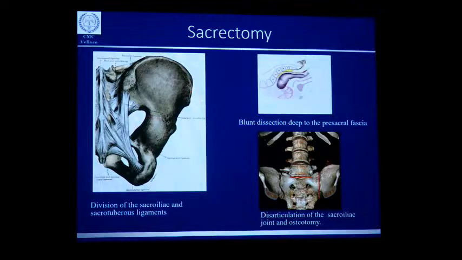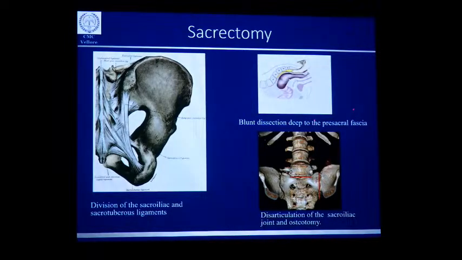As I mentioned, depending on the extent of the sacrectomy, you may have to divide these ligaments and do a blunt dissection of the presacral fascia to protect the rectum while we are dissecting.